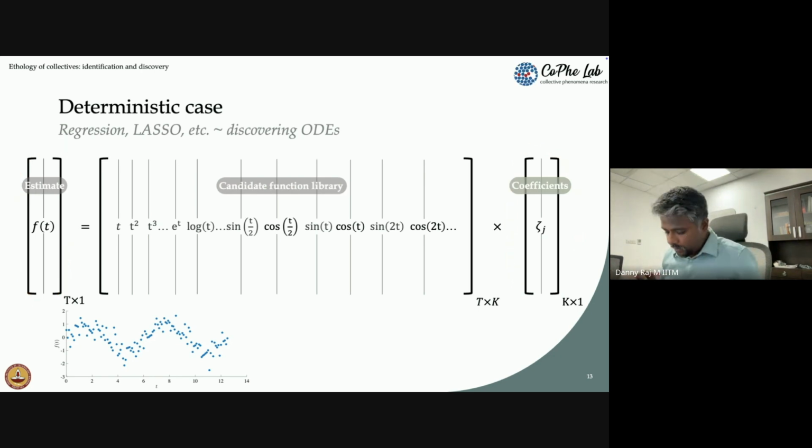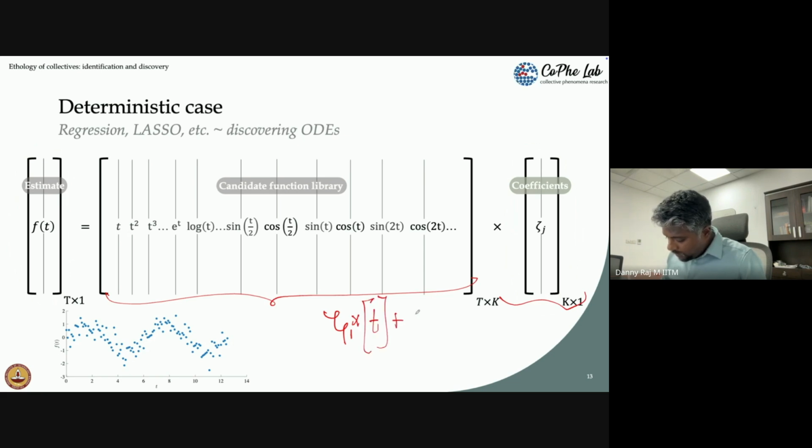All right. So let's try to understand this problem. What have we posed here? When you have a matrix multiplied like this, another way of writing this would be psi 1 times the column for t, plus psi 2 times the column for t square, up to psi k times the column for cos 2t and so on.